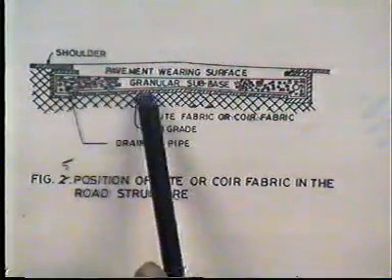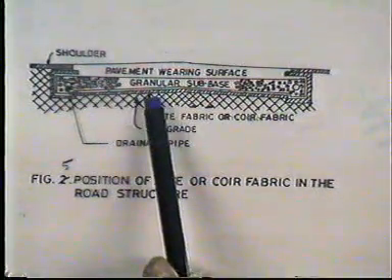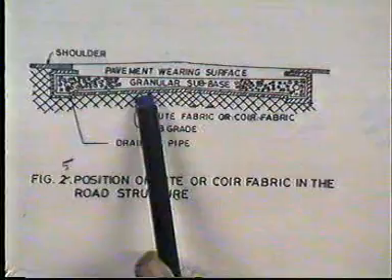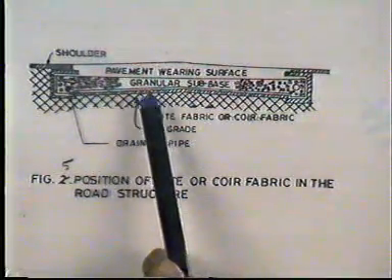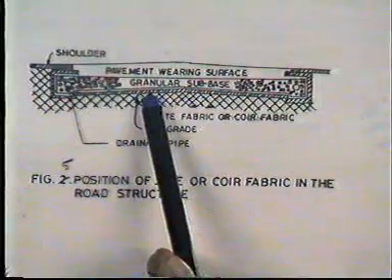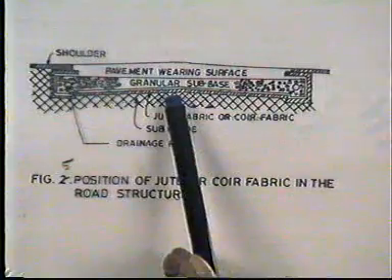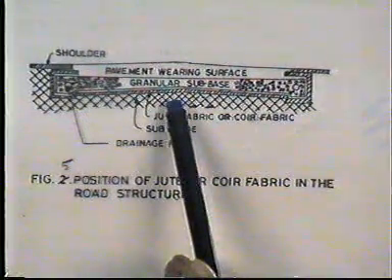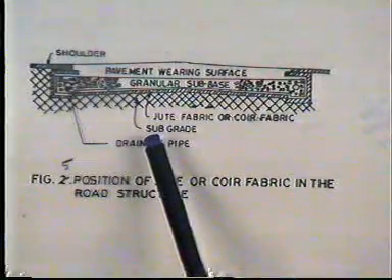The initial tensile strength of jute or coir can cope with such a requirement until it loses strength as biodegradation sets in.